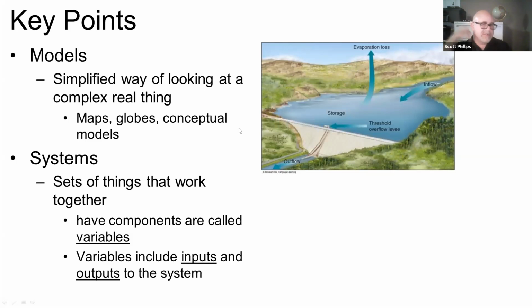So models are a simplified way of looking at a complex real thing. And this is pretty general: maps, globes, these sorts of conceptual models. These are just taking a really complicated real life thing and trying to simplify it in a way to understand it. If you think of a map of the world, you might look at a map or a globe. So this is a globe, right?